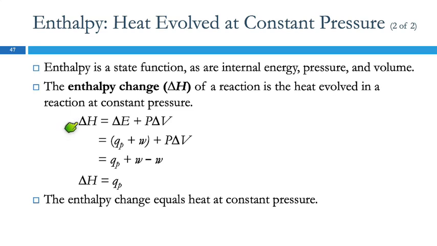So here, delta H will be delta E plus P delta V. This isn't delta P because the P is staying the same. So here, delta E was Q plus W, and we put a P on there to indicate that this is Q at constant pressure, not at constant volume.